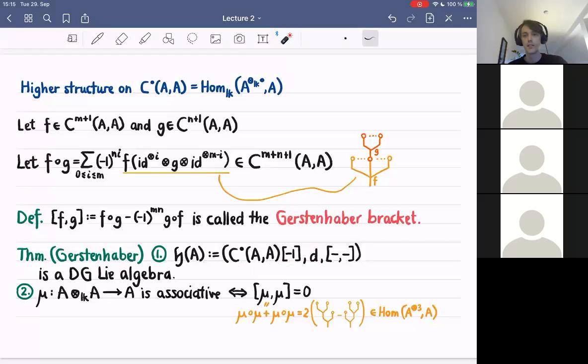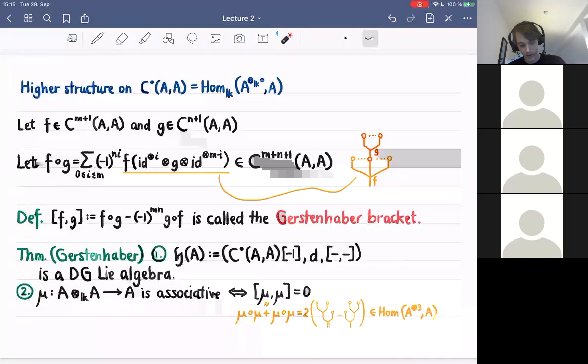This structure can actually be used to study the deformation theory, and the reason is that a bilinear map defines an associative multiplication if and only if the Gerstenhaber bracket of mu with itself is 0.